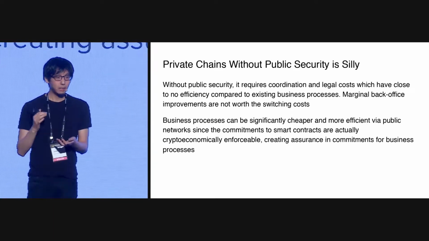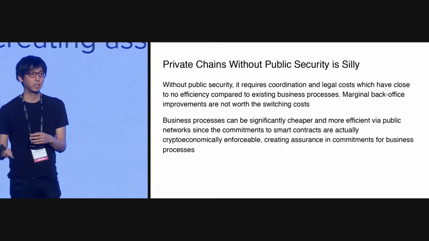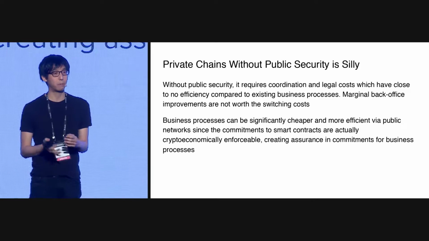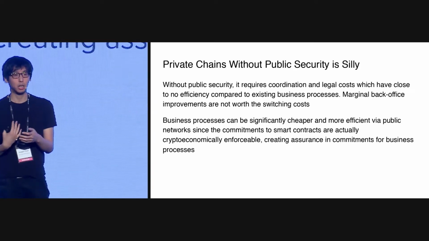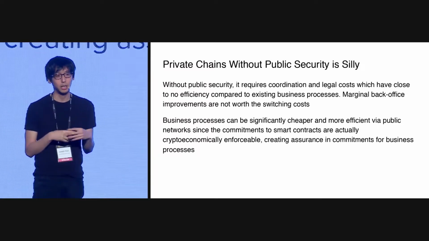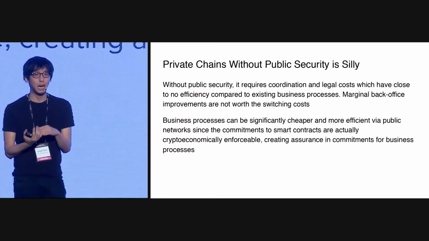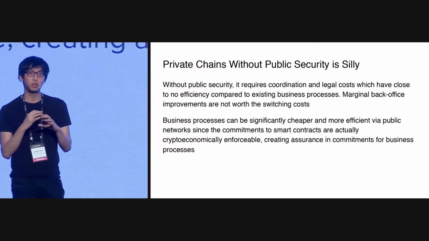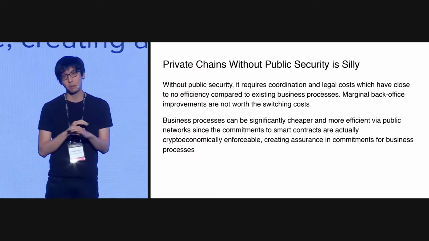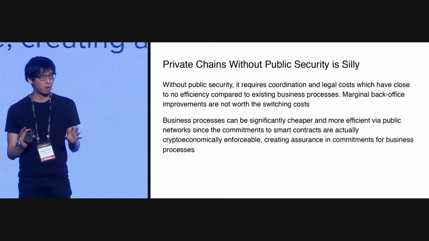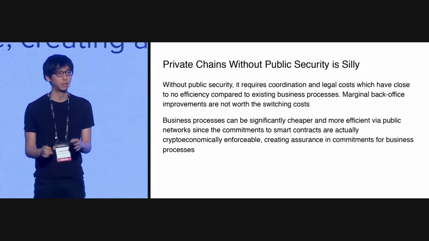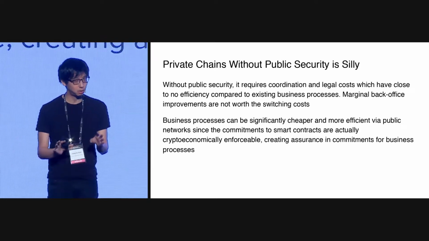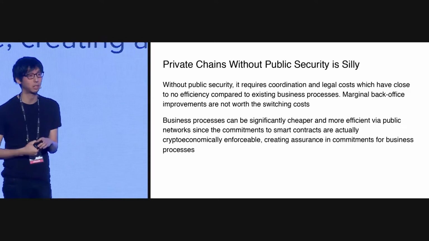So my theory is that private chains without public security is very problematic. Because without public security, it requires coordination and legal costs, which have close to no efficiencies compared to existing business processes. I think basically, if you're not backed by a public system, you're creating marginal back office improvements and probably not worth the switching costs. There are exceptions to this, but in a general sense I think that's largely true, and this is a personal opinion of mine.